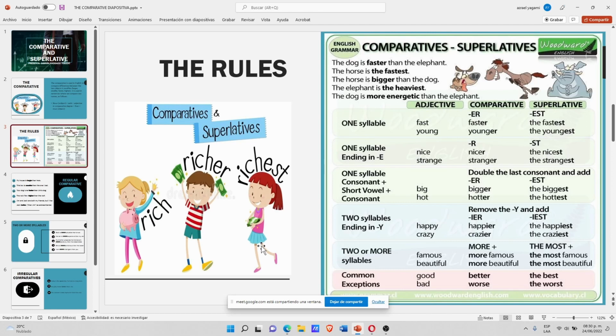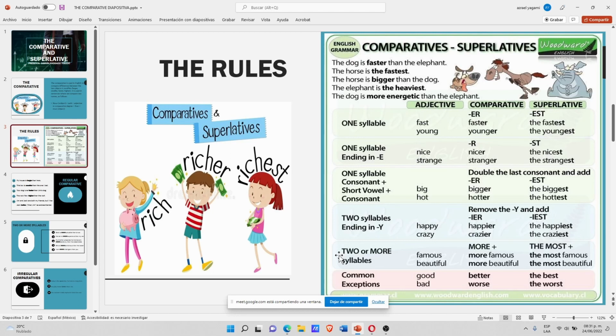Barbara, when we use, for example, rich, what is the comparative of this adjective? Richer. Okay, perfect. Continue.